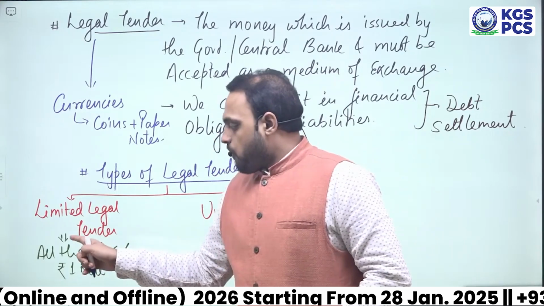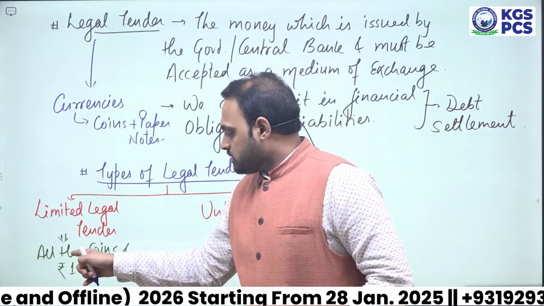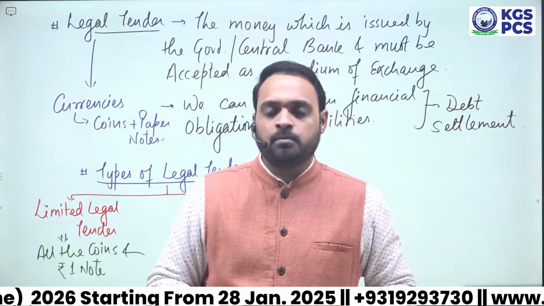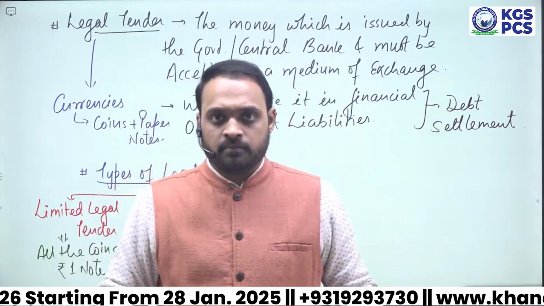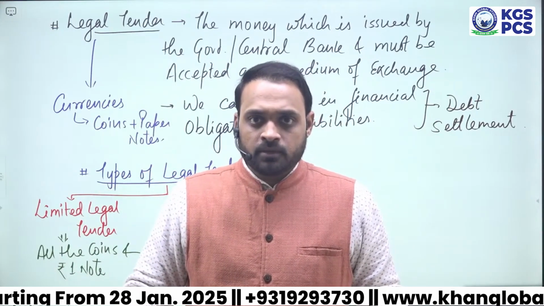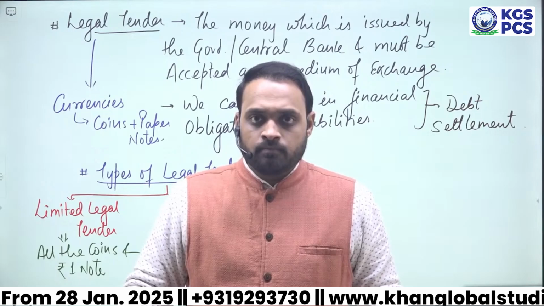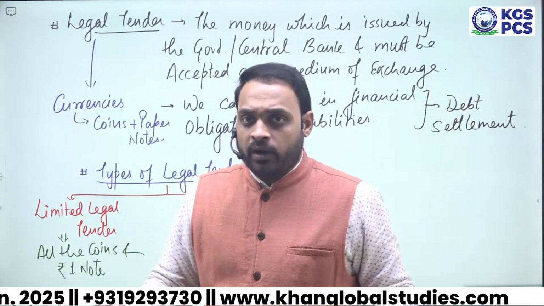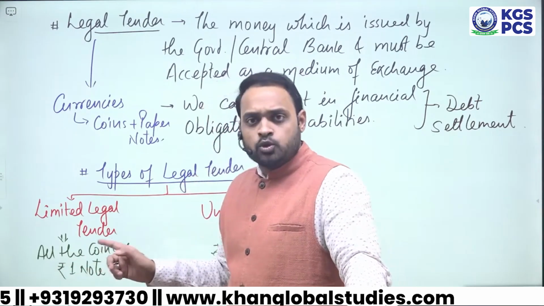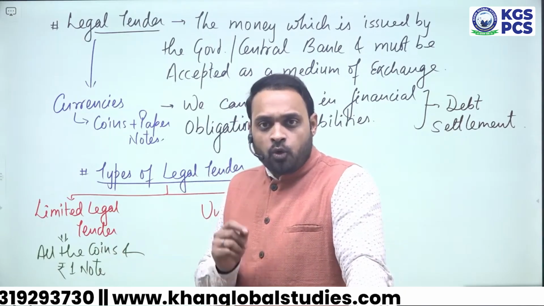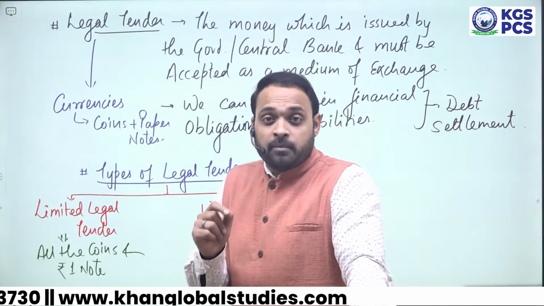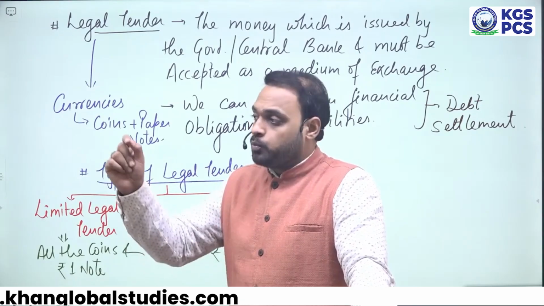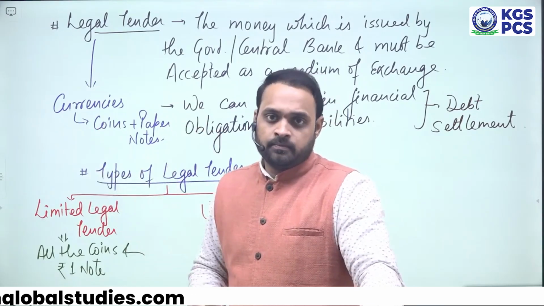Here, for coins and the rupee 1 note, there are some restrictions imposed by the RBI. What kind of restrictions are there? Coins can only be used for the payment of any commodity up to rupees 1000.